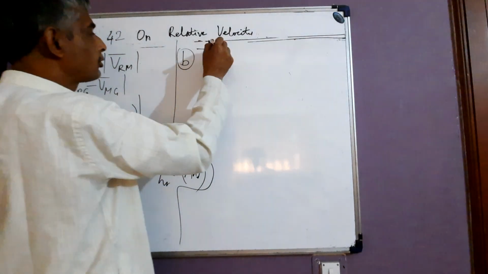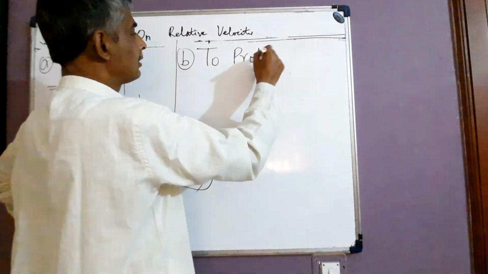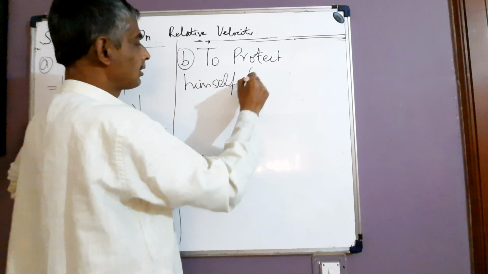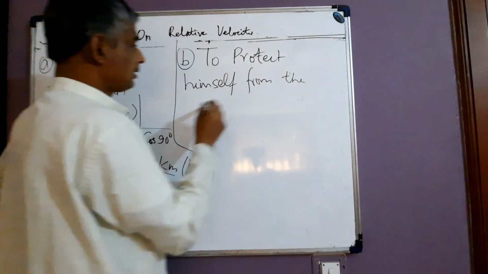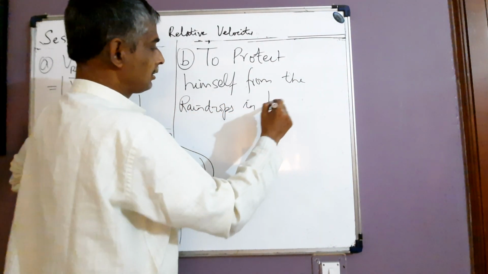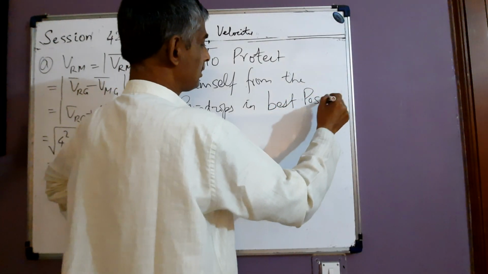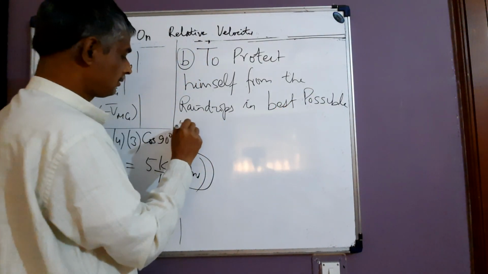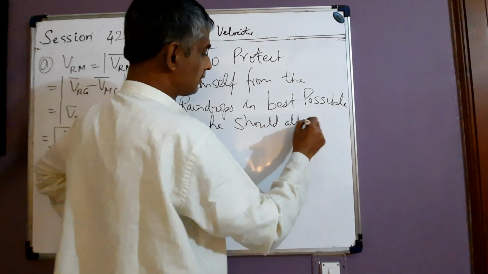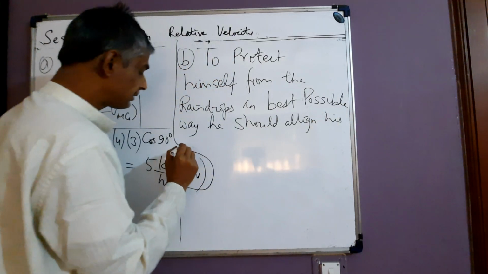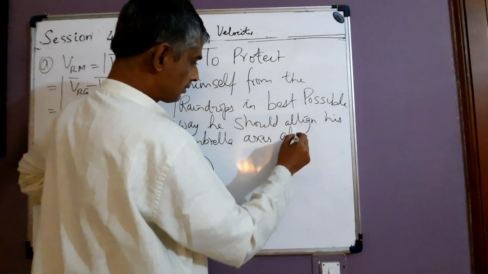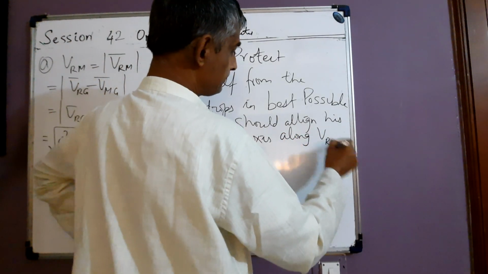So to protect himself from the raindrops in best possible way, he should align his umbrella axis along VRM.